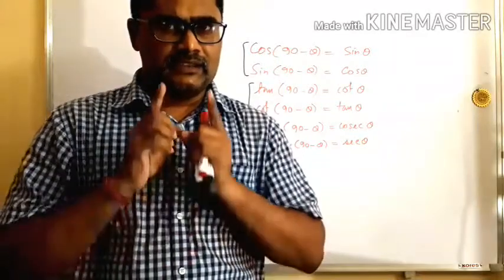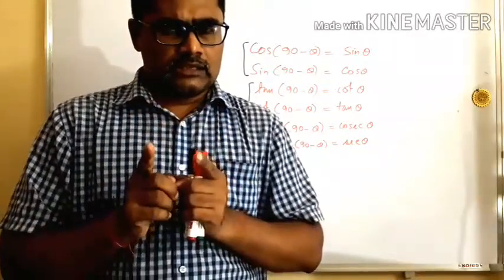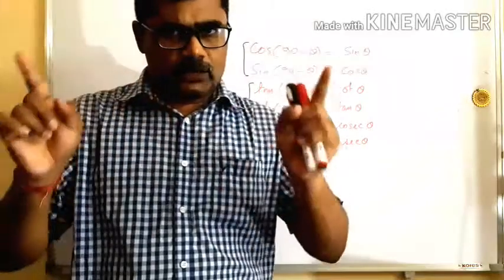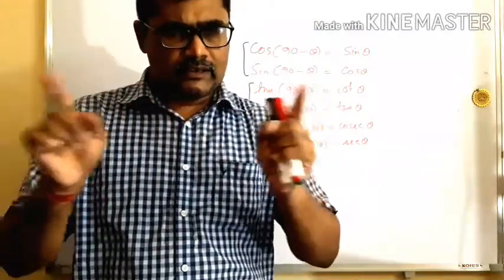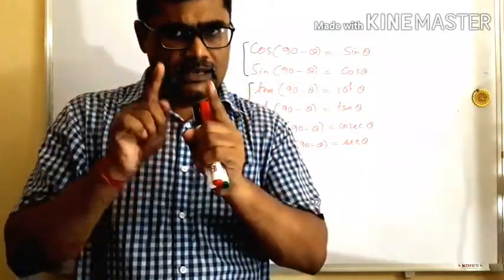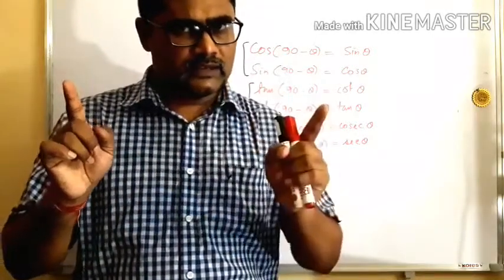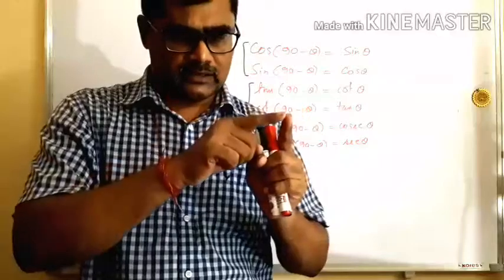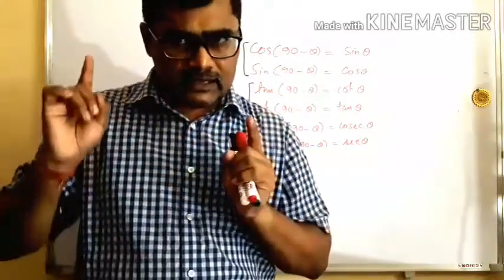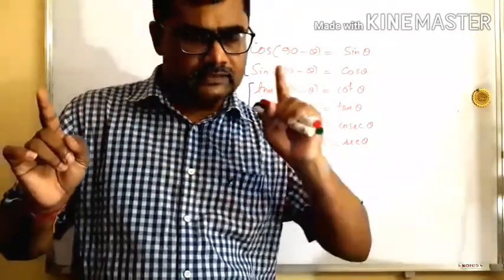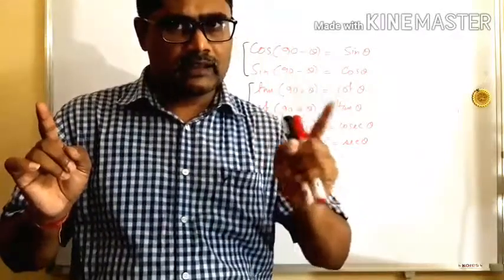And secondly, in each and every formula, by the side of the equal sign, if equal sign is in the middle, if left side contains one angle, right side should necessarily contain the complement of it. And if this contains the complement of the angle, this side should contain the original angle.